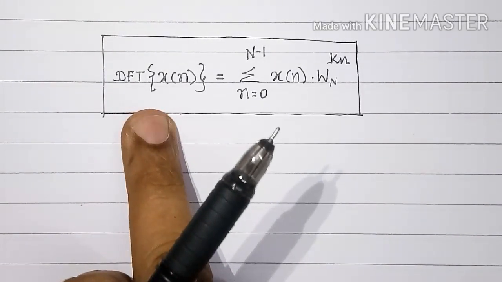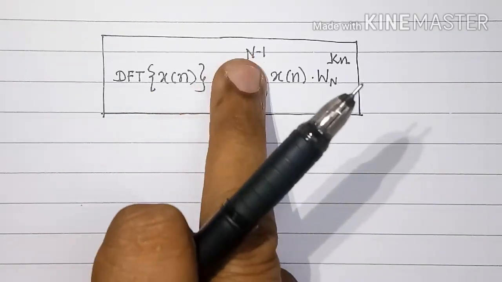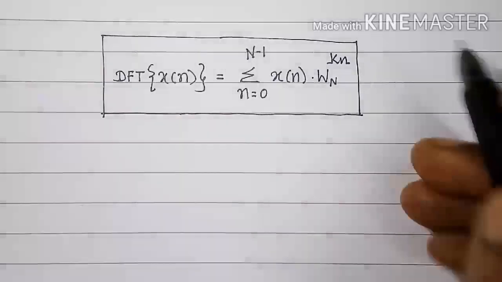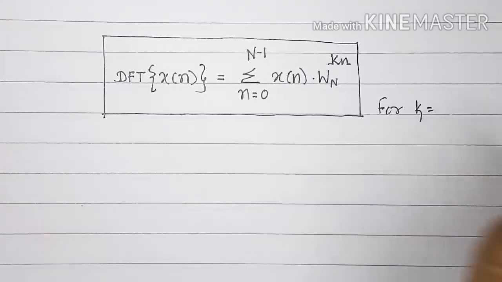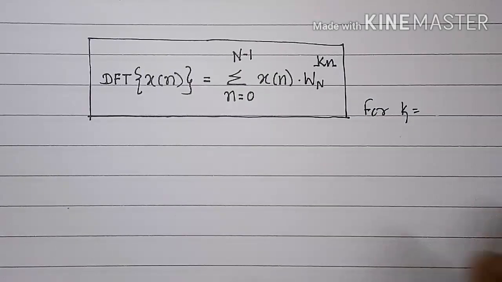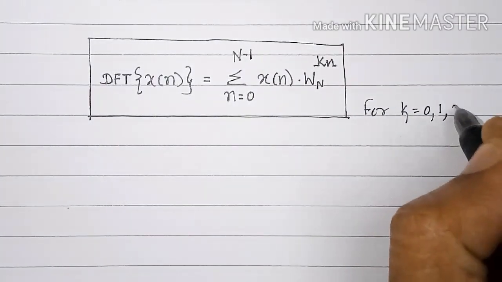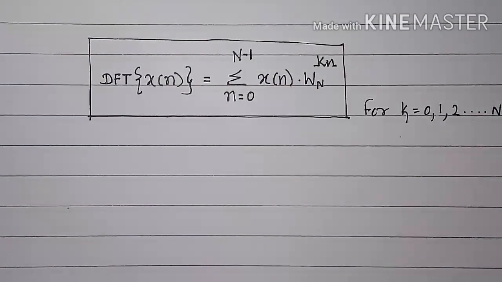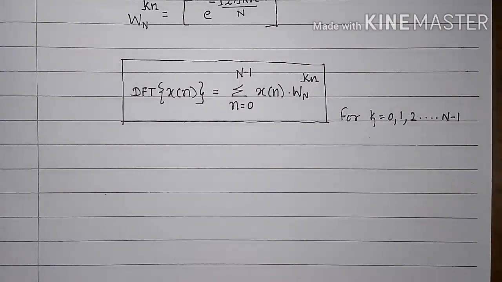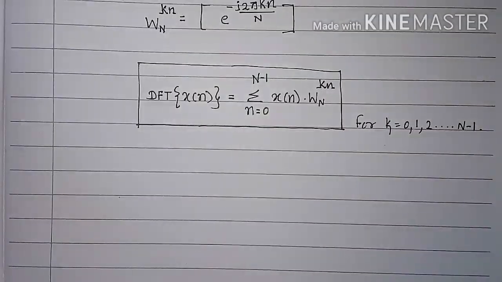So here DFT of x of n is n-point DFT for k equal to 0, 1, 2 up to n minus 1.